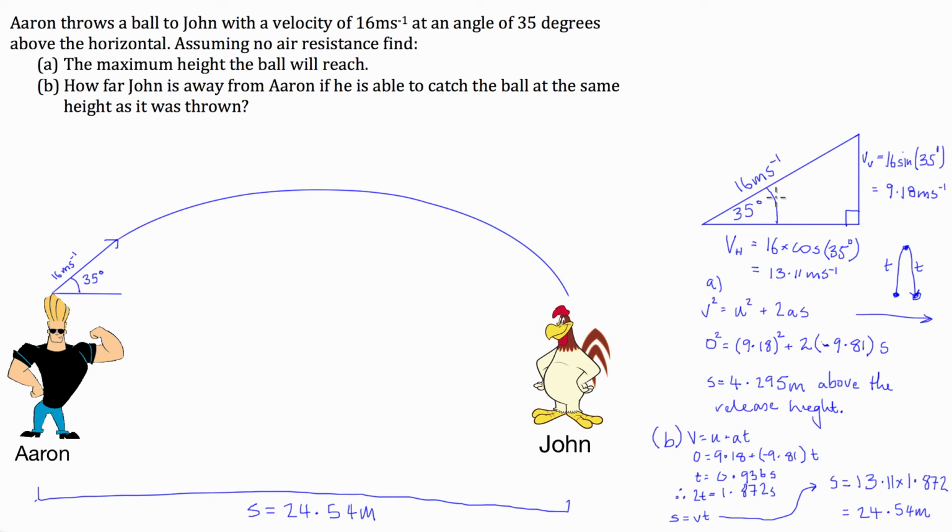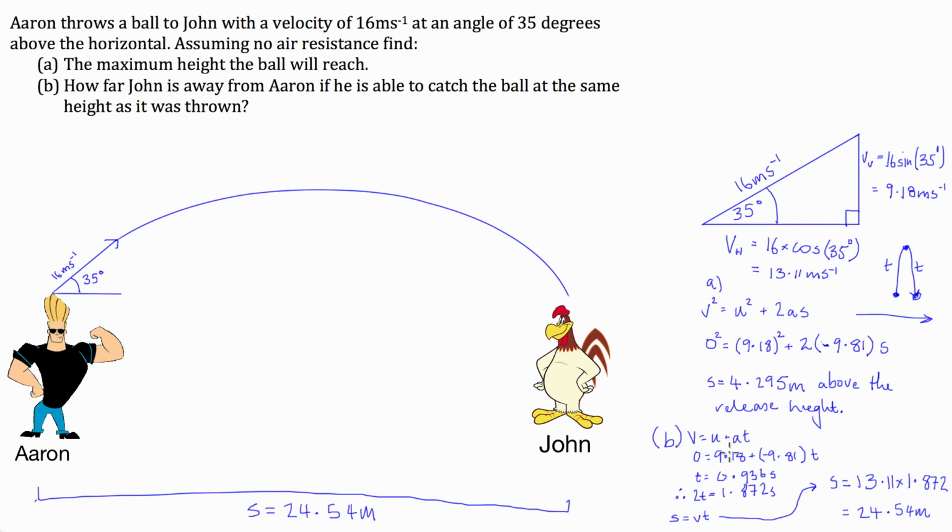Using the vertical component and the fact that the final velocity is 0 at the maximum height, we were able to calculate the distance that the maximum height is from the release point, and we got that as 4.295 meters.